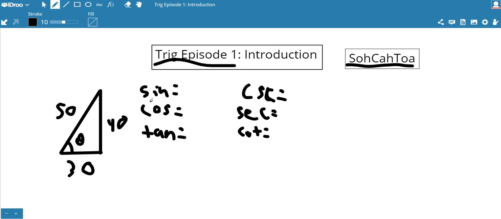Okay, so we know that sine is equal to opposite over hypotenuse. So this is going to be 40 over 50.